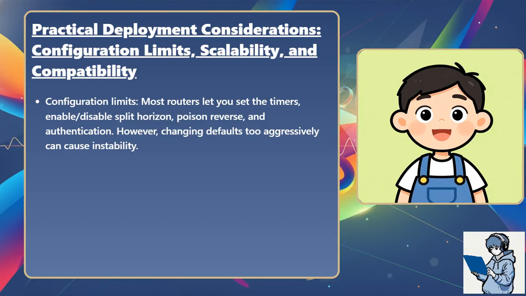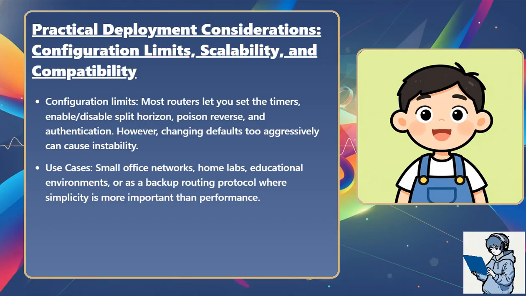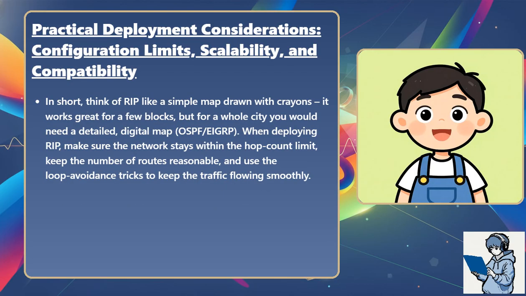However, changing defaults too aggressively can cause instability. Use cases: small office networks, home labs, educational environments, or as a backup routing protocol where simplicity is more important than performance. In short, think of RIP like a simple map drawn with crayons. It works great for a few blocks, but for a whole city you would need a detailed digital map.